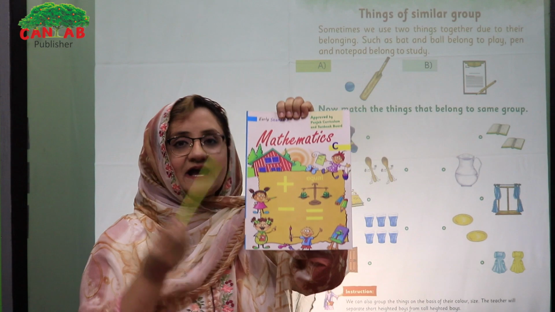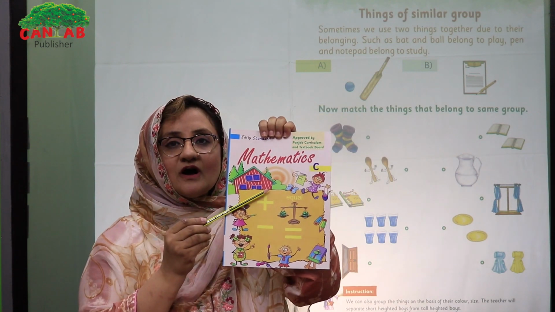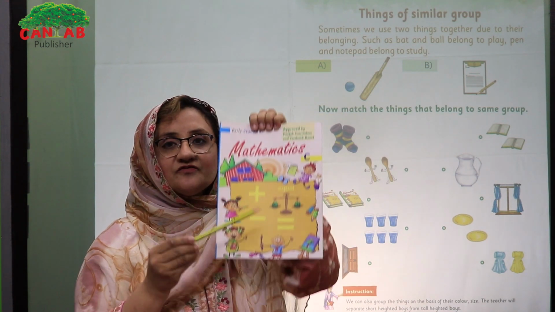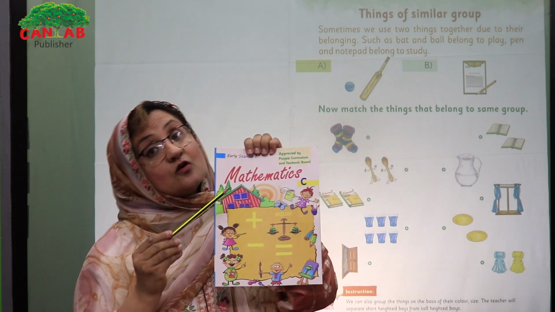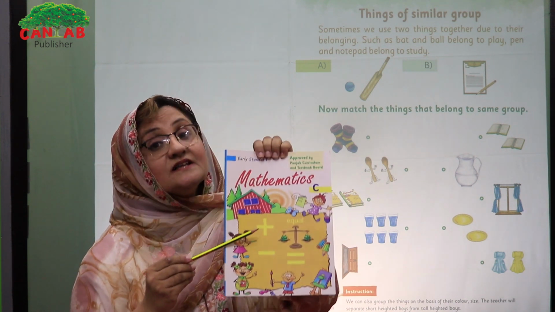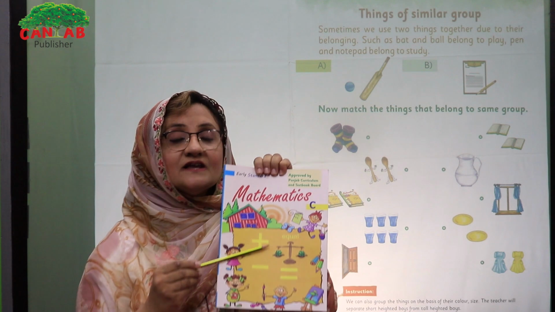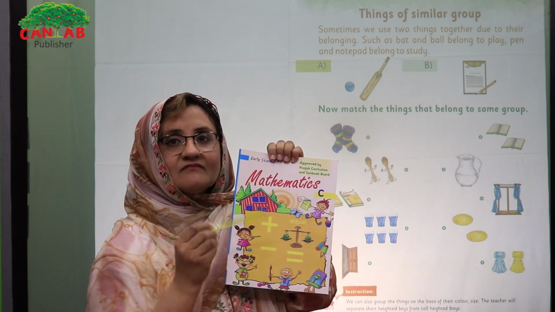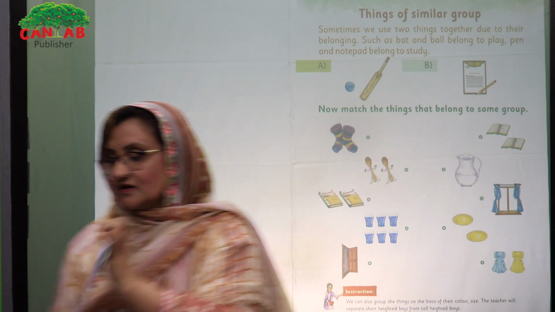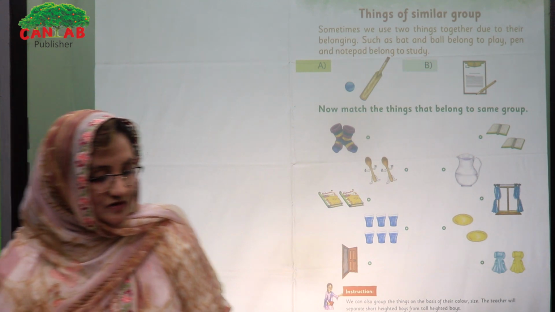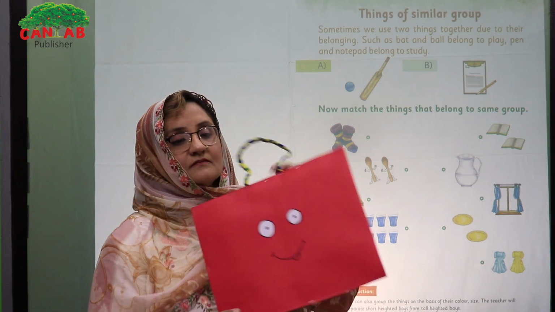Yes, this book and this pencil can form a group because both of these things are used for a common purpose, and that is learning and writing. Good, very good.